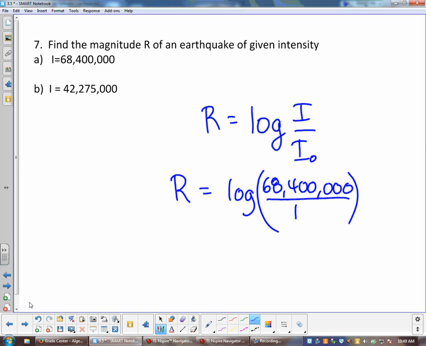So what is the log of that? This is really asking 10 raised to what power gives me this? So what do you get? 7.83 would be the Richter scale rating for this. Does this make sense? No?